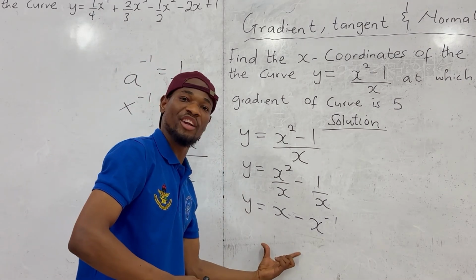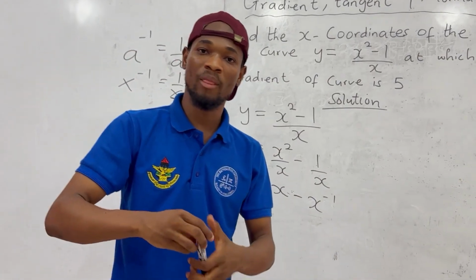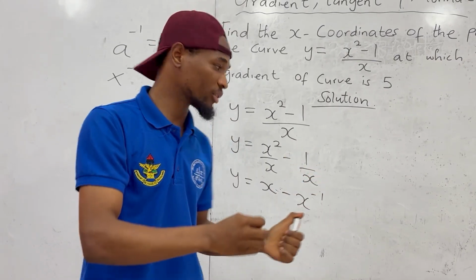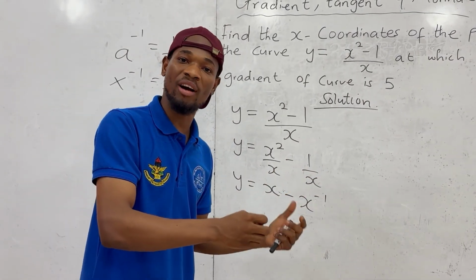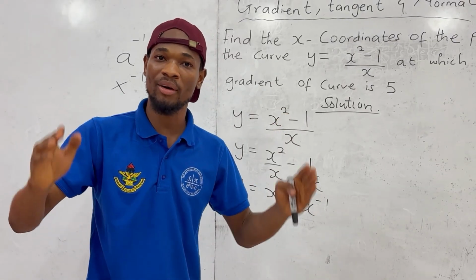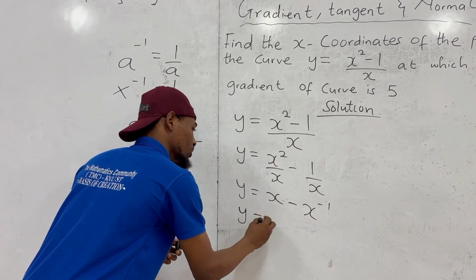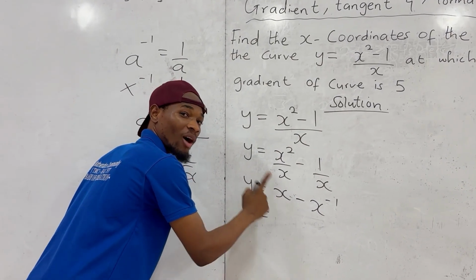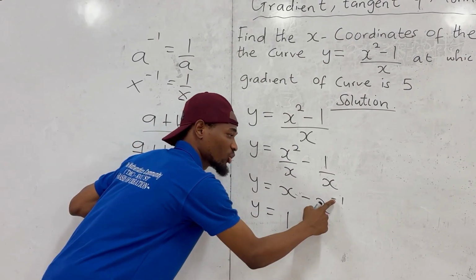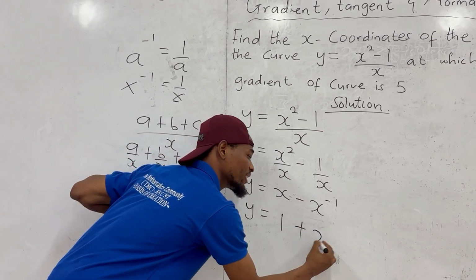We are going to differentiate this. Viewers, if this is your first time, kindly visit my previous lectures on differentiation of functions using the power rule. Everything is well explained. When I differentiate x, I will have 1. Then minus, so -1 by negative gives positive, I have my x here.